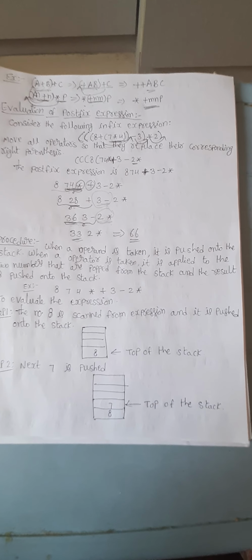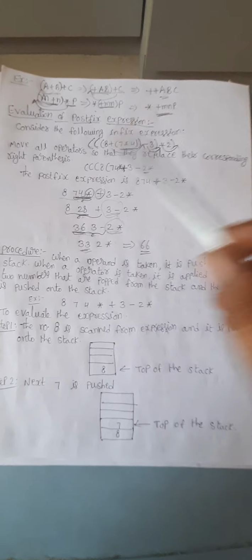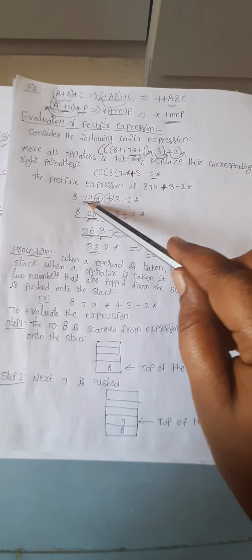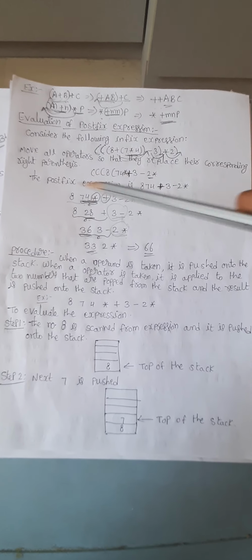See the procedure. When we take an operand, we have to push it onto the stack first. And whenever we take an operator, that operator will be applied to two numbers, and then these numbers will be popped from the stack. After popping the numbers from the stack, the result will be pushed into the stack.